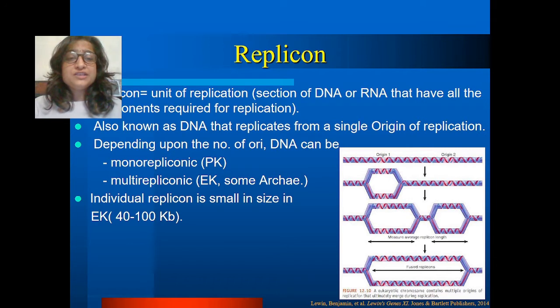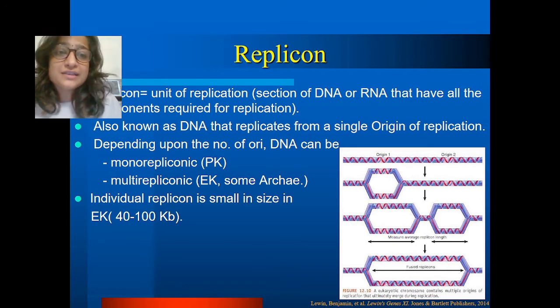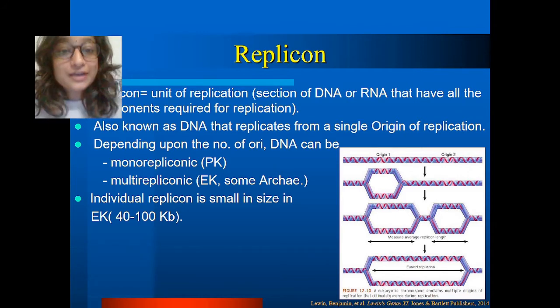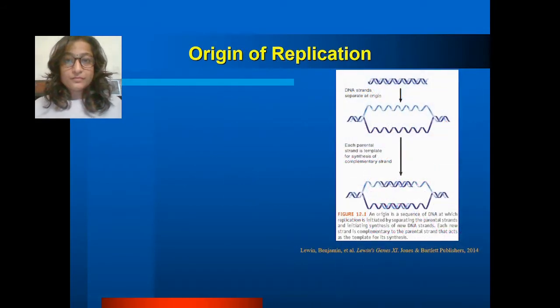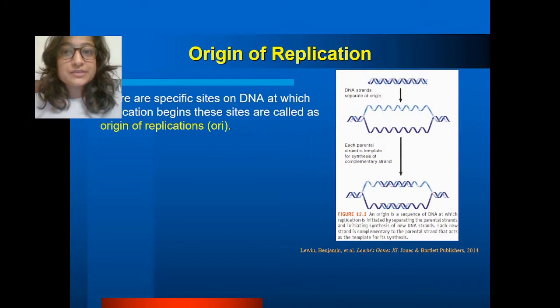Otherwise, the whole of the DNA might have taken at least a month if the condition were monorepliconic, since the genome of eukaryotes is relatively larger compared to prokaryotes. So that was about the replicon.